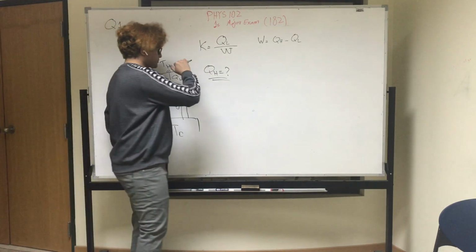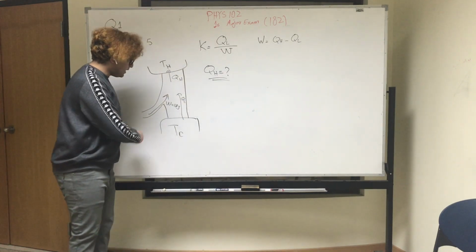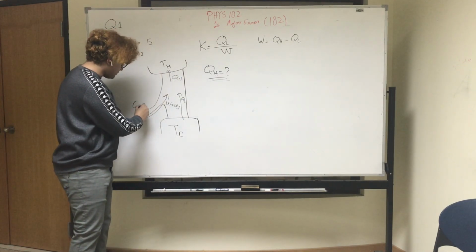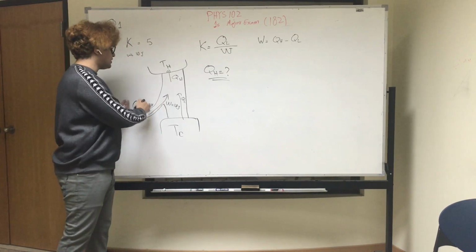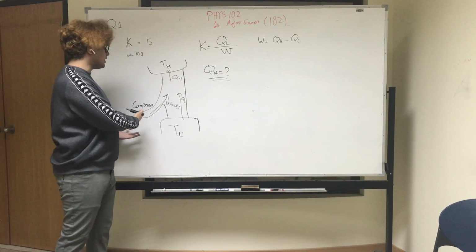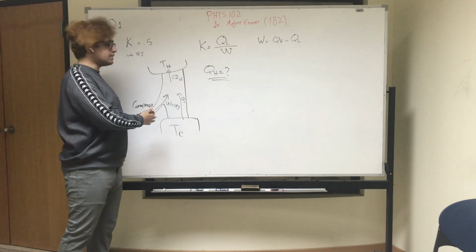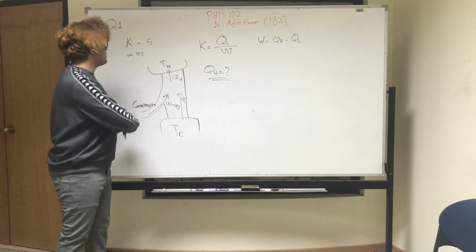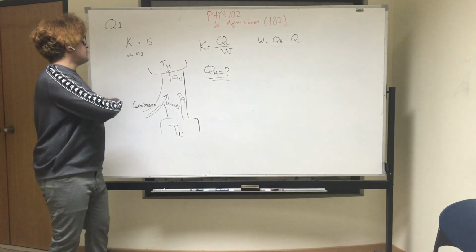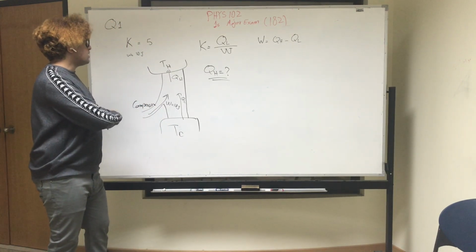And we're told that the compressor, in a refrigerator, is the entity that does the work. The compressor does 10 joules of work per cycle. Now we have a couple of values here.